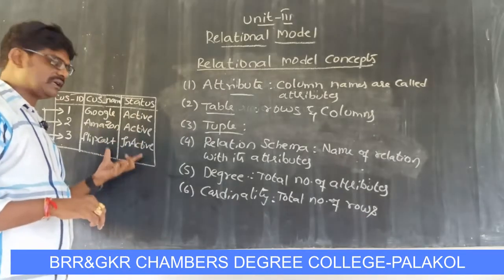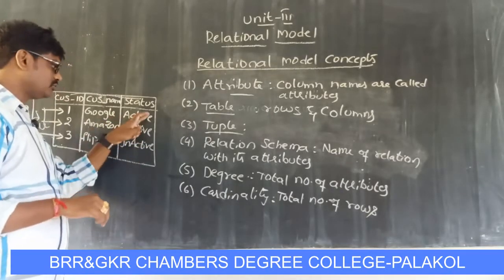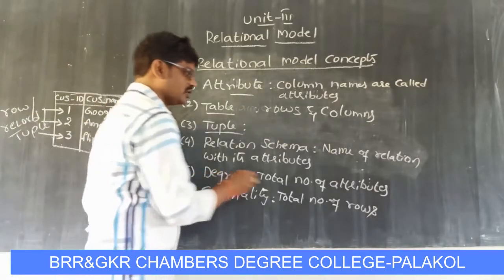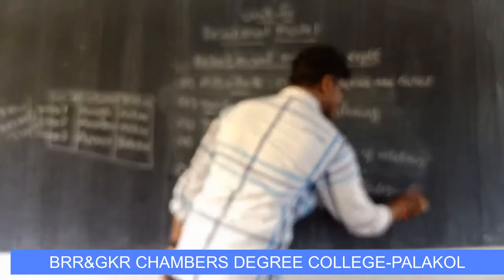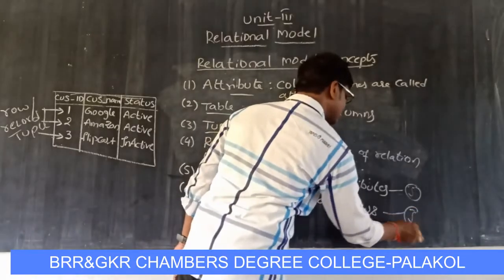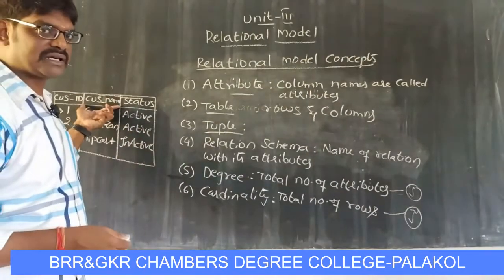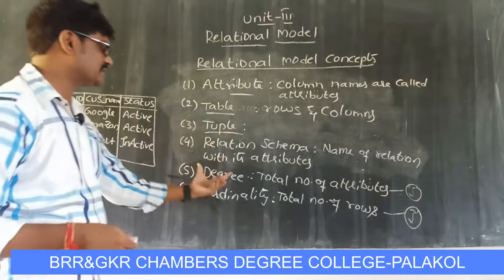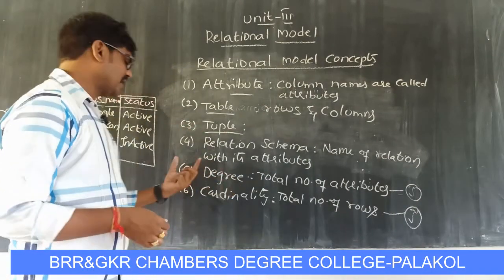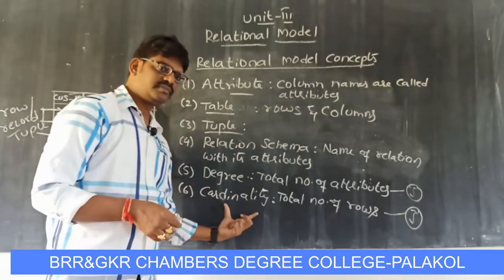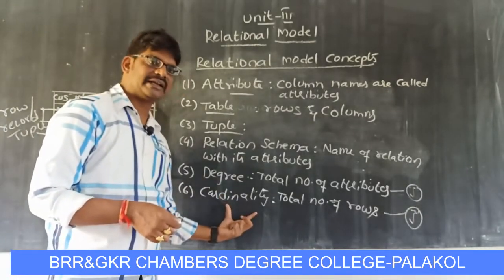How many rows are in this table? We have 3 rows, so the cardinality is 3. The degree is 3 here, and the cardinality is also 3 here. The number of columns is the degree of the table, and the number of rows presented in the table is the cardinality.